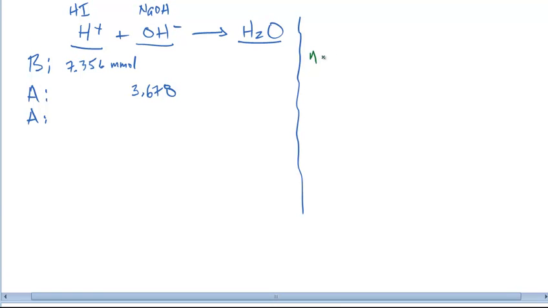As we know, the number of moles of hydroxide that we dispense is equal to the molarity of the hydroxide solution times the volume of the hydroxide.